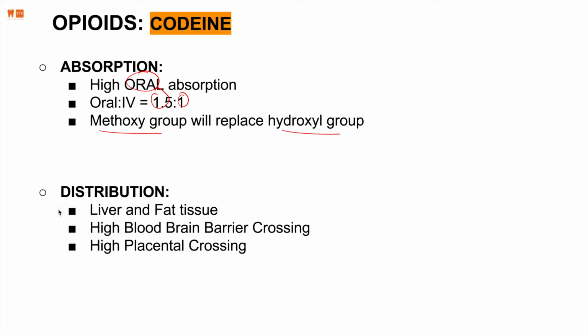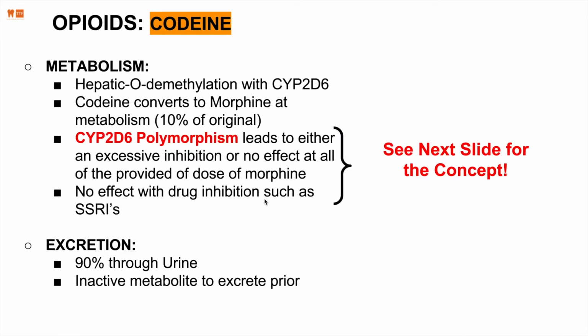Distribution, same thing, liver and fat. It's got a high blood-brain barrier crossing, unlike morphine. It's a high blood-brain barrier crossing, leading to high placental crossing as well, so let's avoid it in pregnancy. Metabolism, very important again. It is hepatic, again in the liver, hepatic O-demethylation with a CYP2D6.